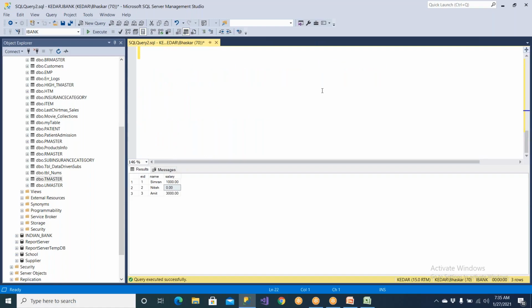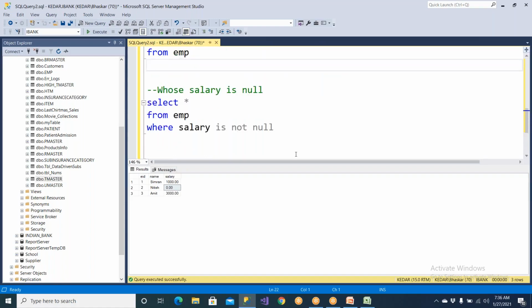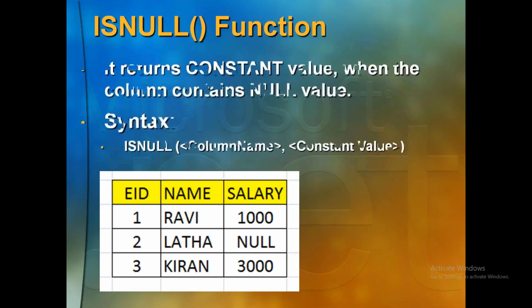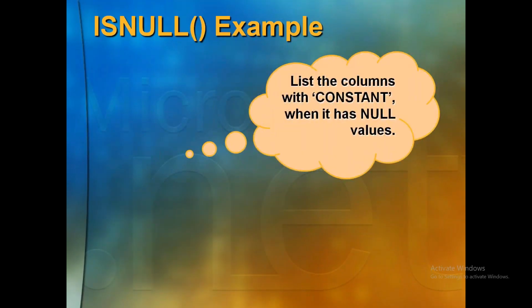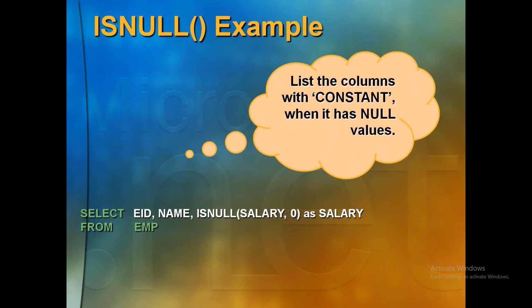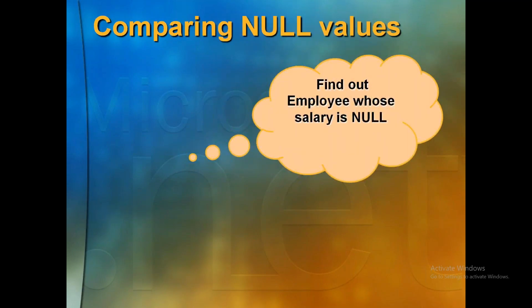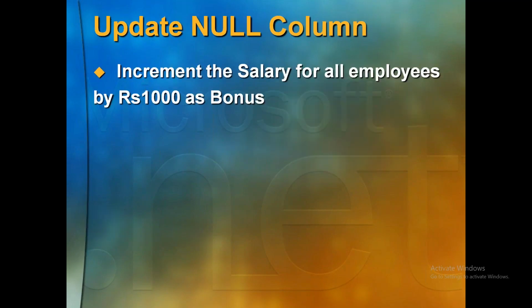Clear? And one more thing I want to maintain. So this is my data. Now there is a requirement here. This is the column constant value, which we have written. Comparing null values, you need to use the IS operator.